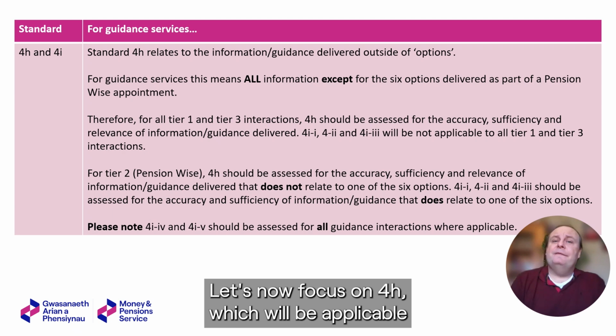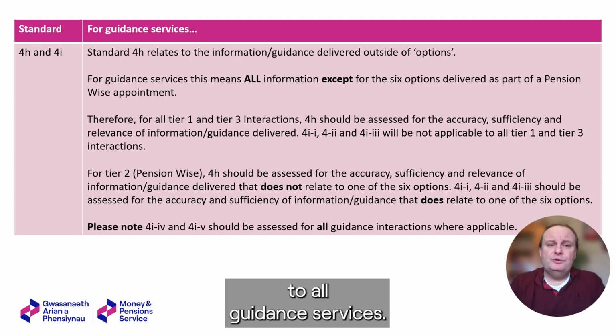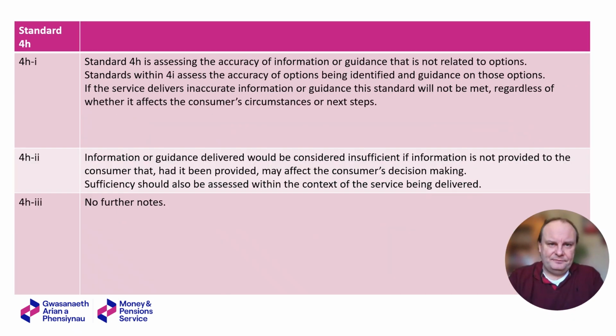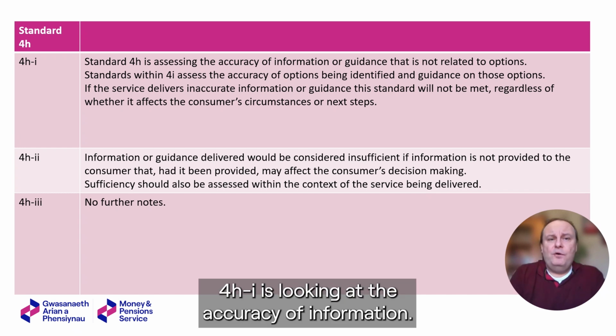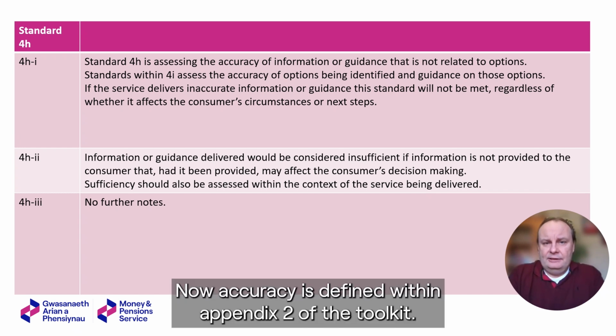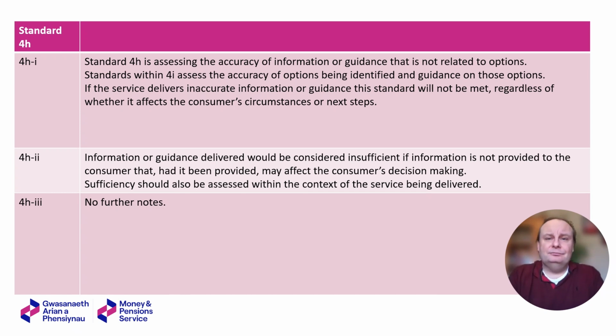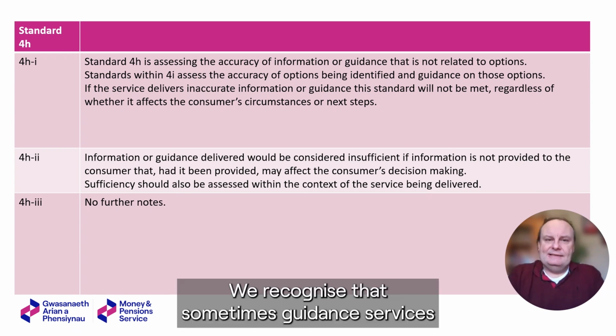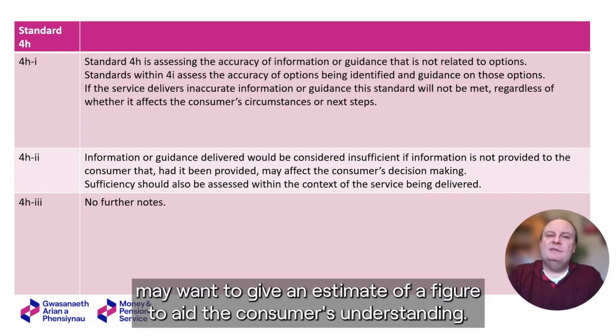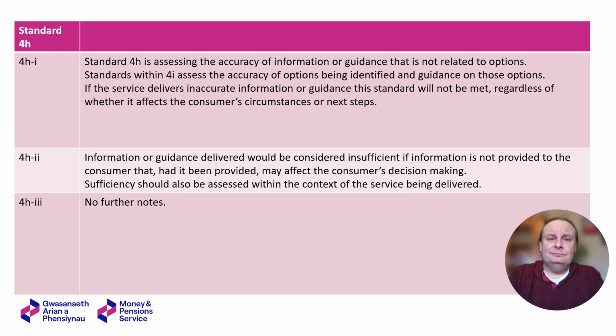Let's now focus on 4H, which will be applicable to all guidance services. 4H1 is looking at the accuracy of information. Now, accuracy is defined within Appendix 2 of the toolkit. We recognise that sometimes guidance services may want to give an estimate of a figure to aid the consumer's understanding.